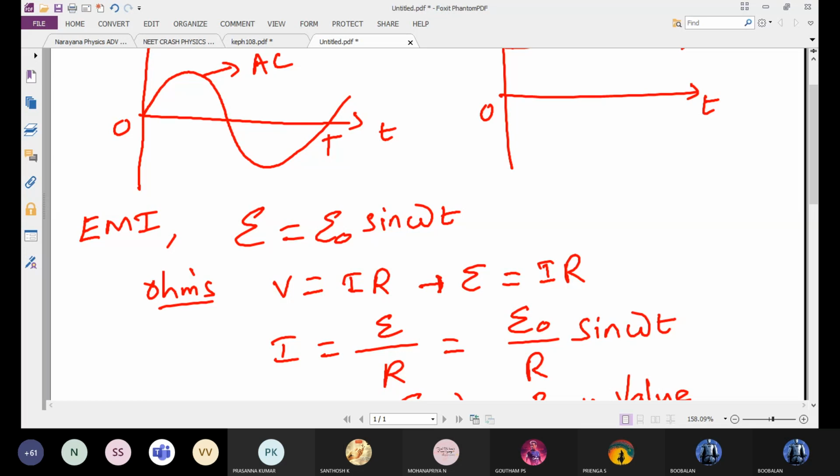The maximum value attained by the alternating current is known as current amplitude. The maximum value attained by the alternating voltage is called voltage amplitude, E naught.